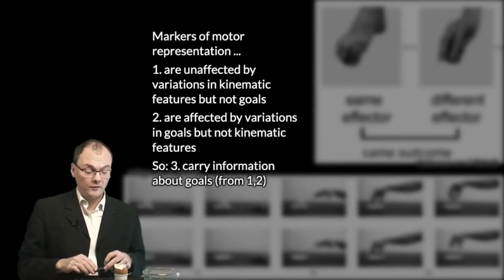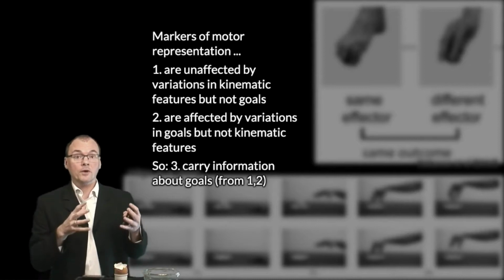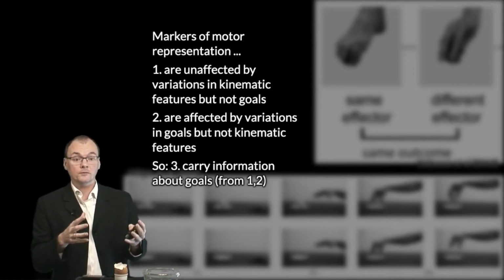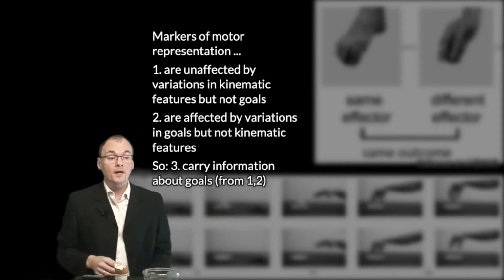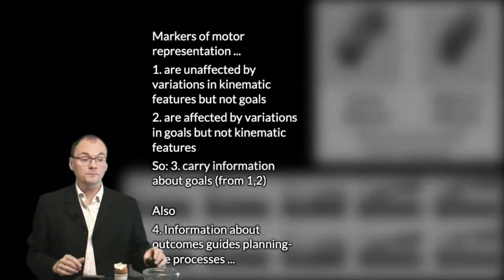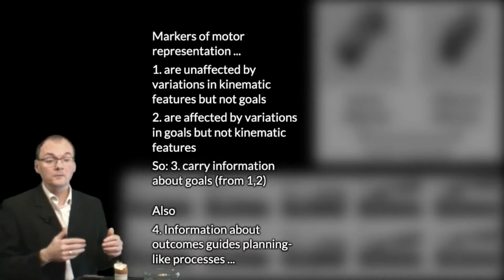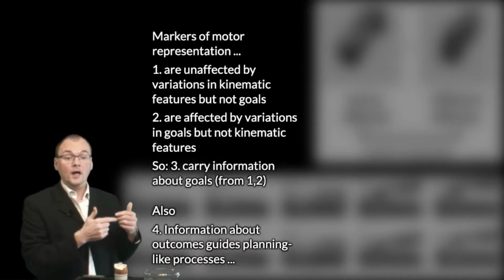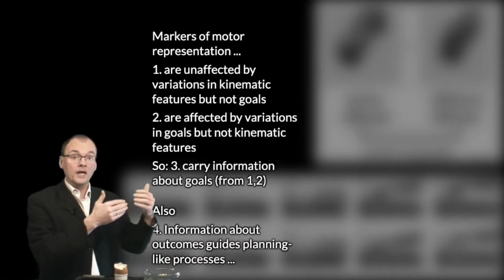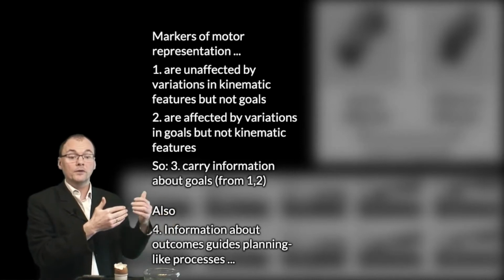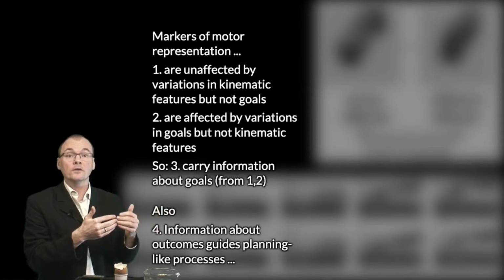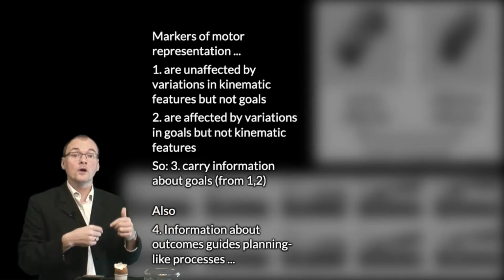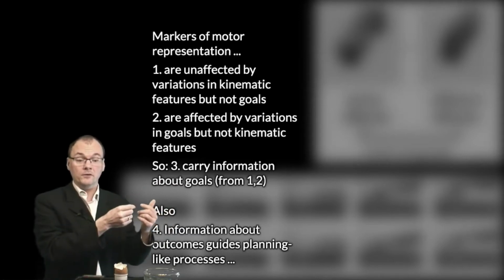Now here's the tricky bit. It's one thing to say that a representation carries some information. It's another thing to say that it represents something. Now I follow Dretske here in thinking that where a representation not only carries some information, but the function it performs depends on it carrying that information, we can say that the representation represents that information.